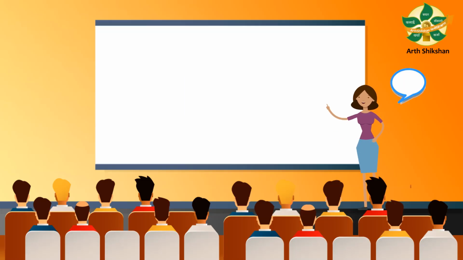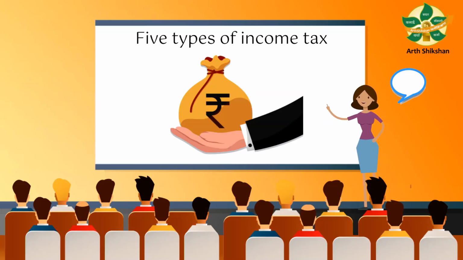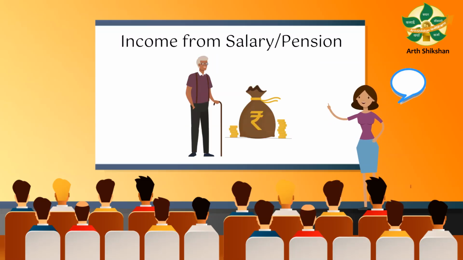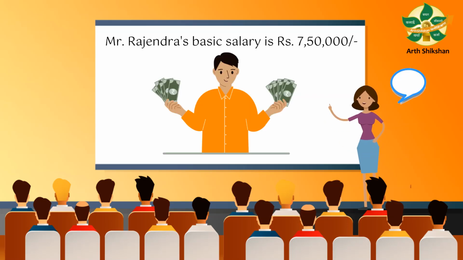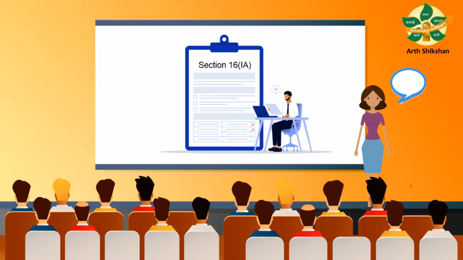When it comes to income, the Income Tax Act categorizes it into 5 different types. The first category is income from salary and pension. Mr. Rajendra's basic salary is rupees 7,50,000. He is entitled to a standard deduction of rupees 50,000 under section 16.